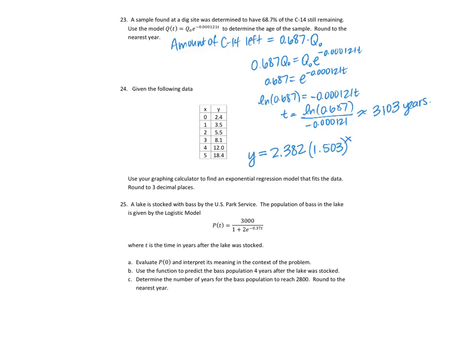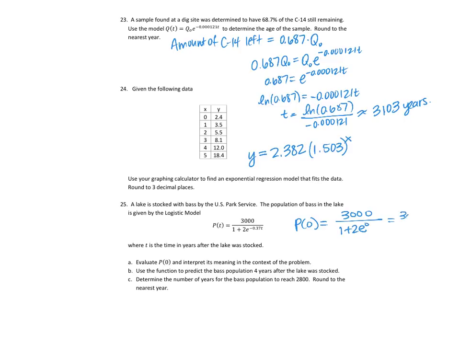Okay, last one. A lake is stocked with bass by the U.S. Park Service. Population of bass in the lake is given by that logistic model. Evaluate P of 0 and interpret its meaning in the context of the problem. So P of 0 equals 3,000 over 1 plus 2e to the, well, if I plug in 0 for t, that's 0.